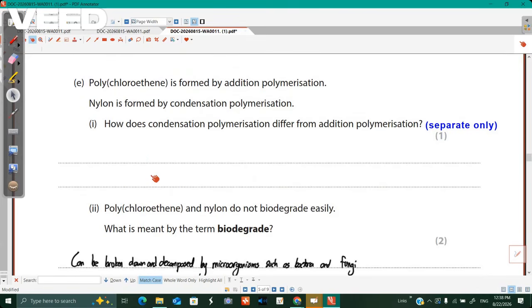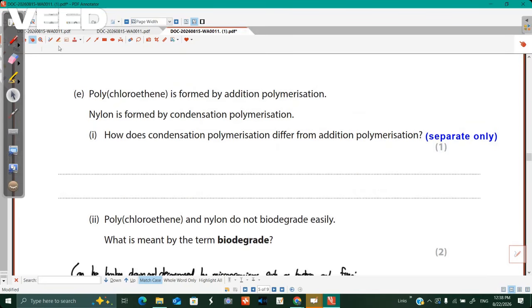How does condensation polymerization differ from addition polymerization? So still we have not done that. In condensation polymerization, a water molecule is released. In addition polymerization, no water molecule is released.